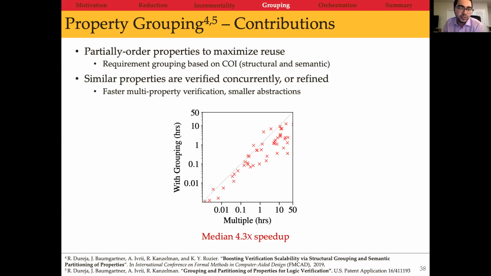All the other approaches were either doing expensive offline computation or using off-the-shelf clustering methods, which would often take hours to work with thousands or millions of properties. And this gives us a very efficient way to perform property grouping and reap the benefits of multi-property verification.